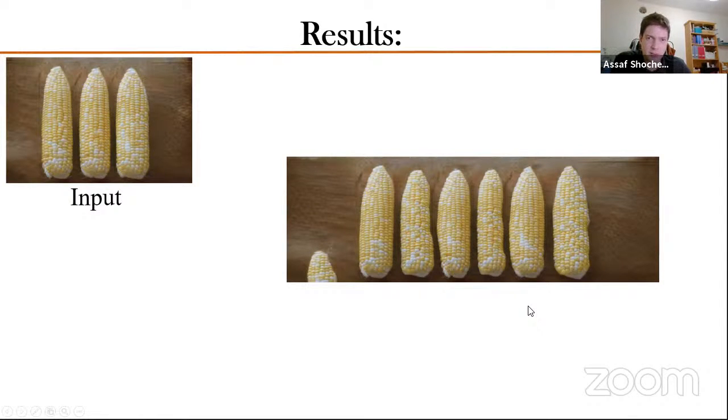So it doesn't just repeat the existing corn cobs. Implicitly it has this distribution of corn cobs, which is constructed of this implicit distribution of corn seeds. You can see some are white, some are yellow, some have different shapes.